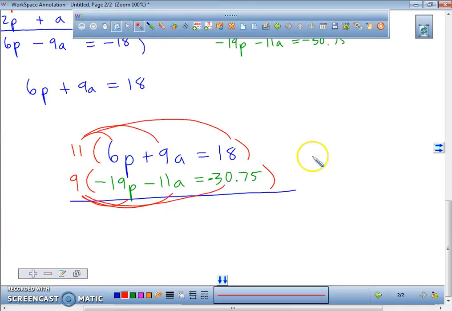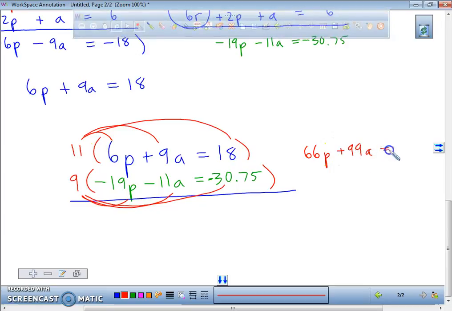We've got 11 times 6p, which is a 66p. We've got 11 times a 9a, which is a 99a. And we've got an 11 times an 18, which is? What is it? 198. All right, now we have 9 times -19p.